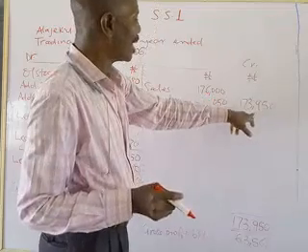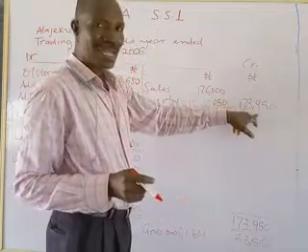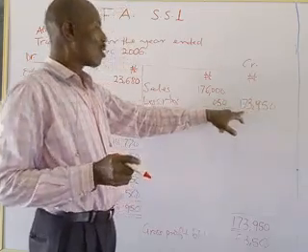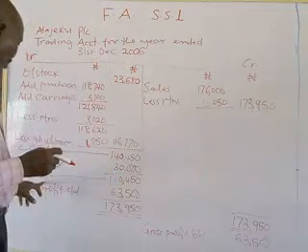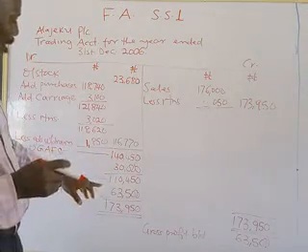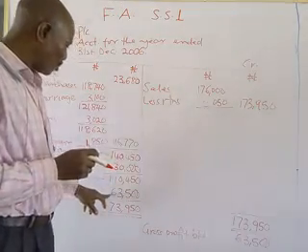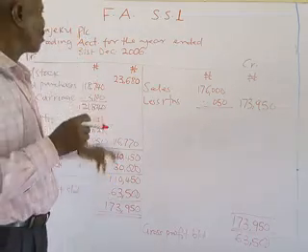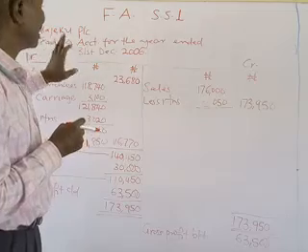I said earlier, this is the net sales. The net sales, you now come back here and subtract the cost of goods sold from it. When that is done, that will give you the gross profit, which is what you derive when preparing trading accounts.